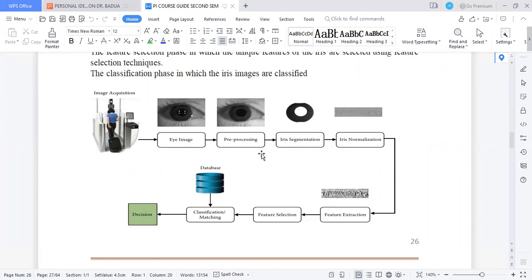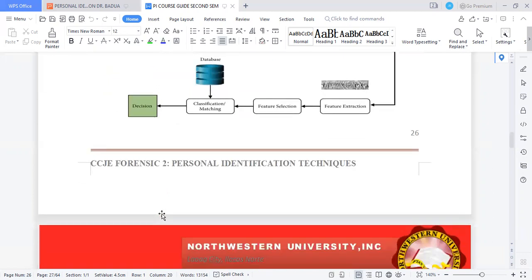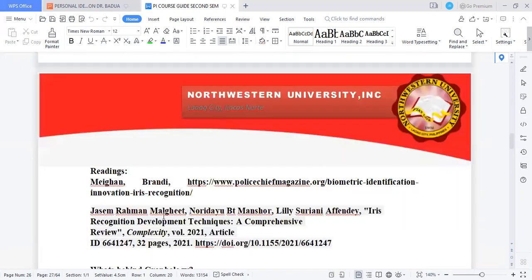So there is the so-called pre-processing, iris segmentation, iris normalization, feature extraction, feature selection, and classification or matching. This is done by taking a look in their database if there are matches saved in there, to the extent that they would come up with a decision. So that is how the iris recognition is being processed.